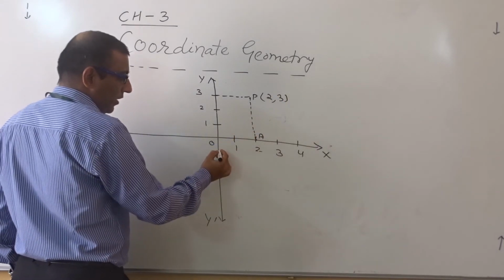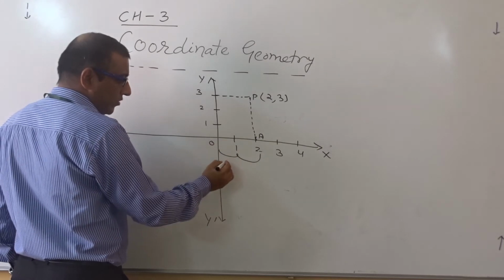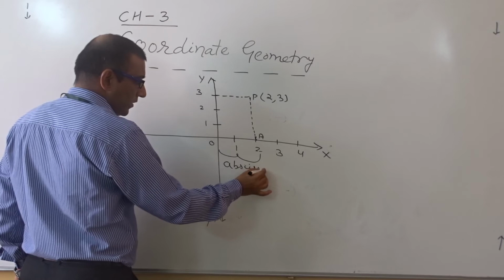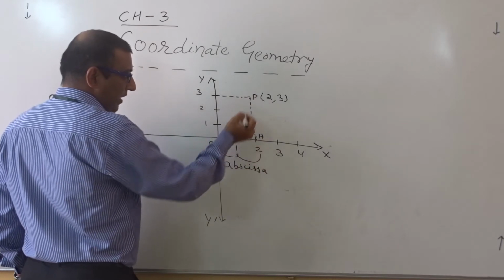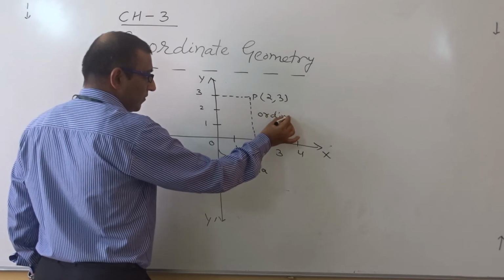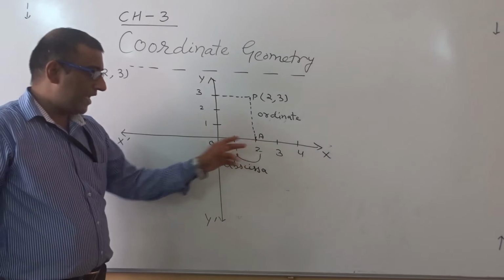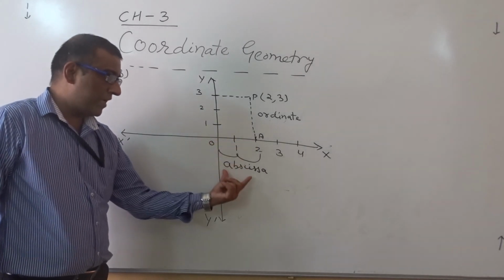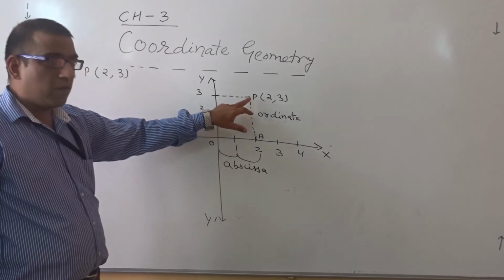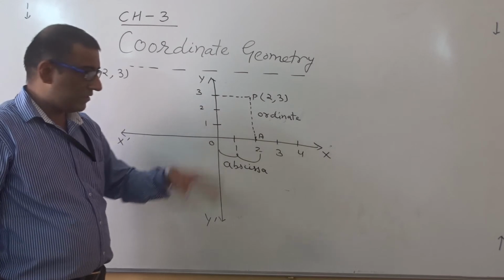So we can say 0 to A, which is equivalent to 2, is known as the abscissa. And the value from A to P, which is equivalent to 3, is known as the ordinate. I am again repeating, the distance from 0 to A is known as the abscissa, which is equivalent to 2, and the distance from A to P or P to A, which is equivalent to 3, is known as the ordinate.